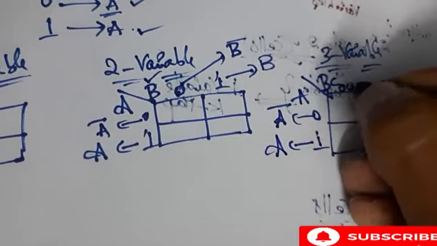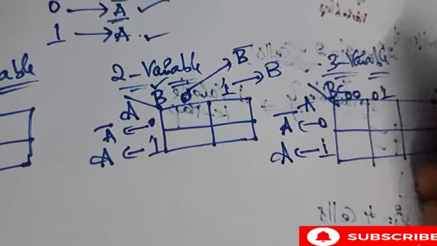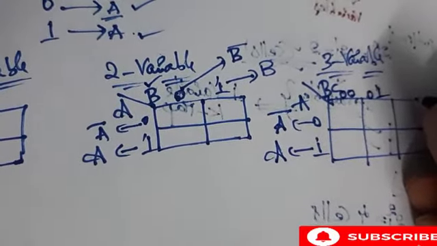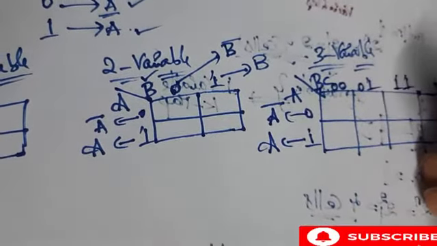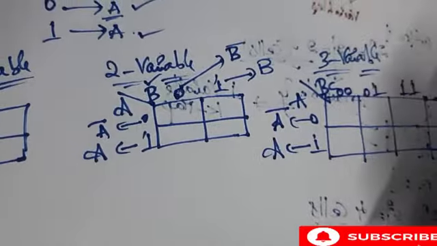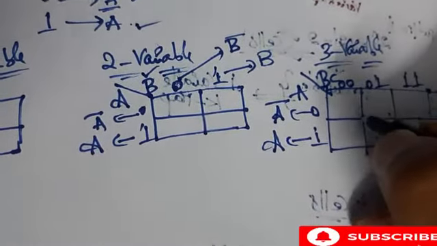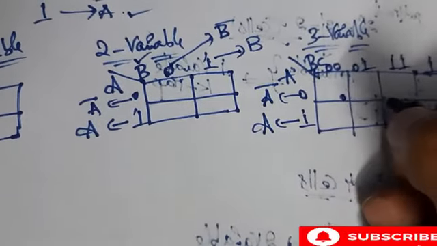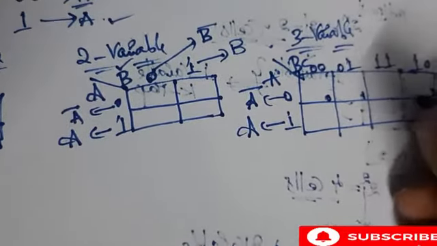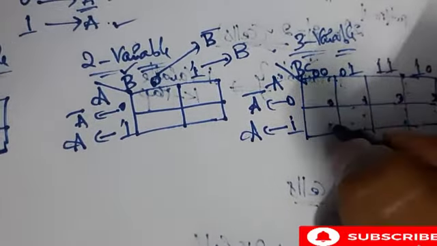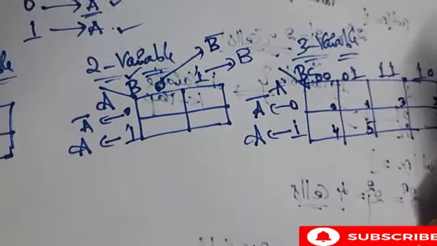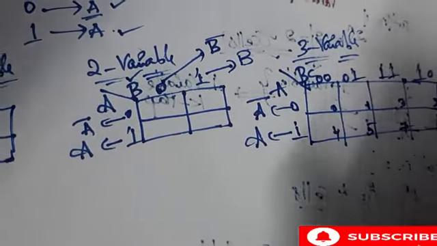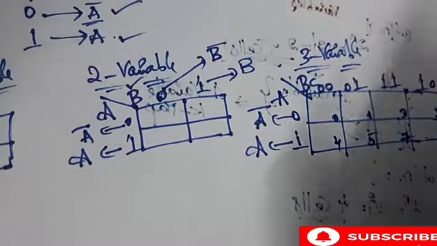This will be the 0, 0, 0, 1 gray code sequence. It follows the gray code sequence 0, 0, 0, 1, 1, 1, 1, 0. If you want to represent the numbers in the cells, that means 0, 1, 2, 3, 4, 5, 6, 7, right?